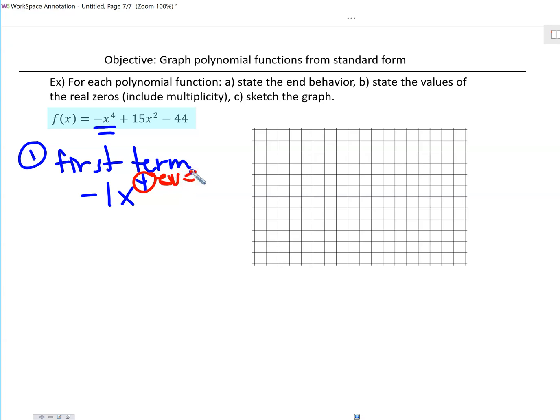So we have an even degree function. And that means our ends both go the same direction. And since our leading coefficient is negative, both ends are going to go to negative infinity. So the left end, as x goes to negative infinity, our function values go to negative infinity.